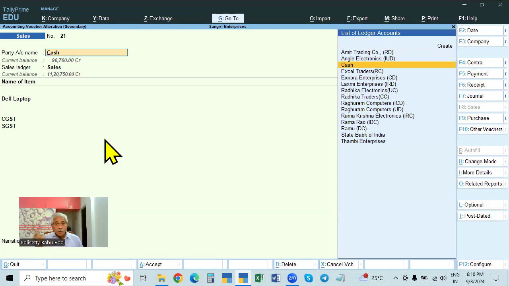For cash only, the person may be a regular person, or he may be unregistered, a consumer, or a composite dealer. Also, he may be intrastate or interstate. In the case of intrastate, tax is okay.